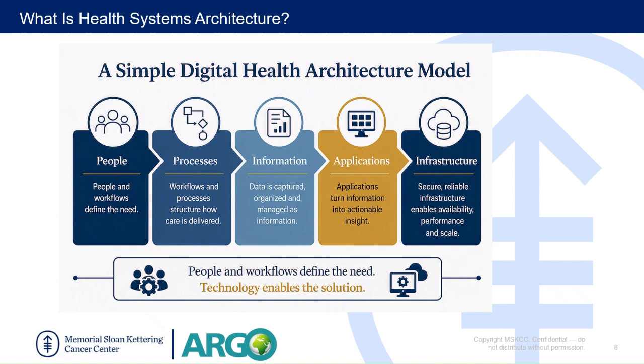The important lesson here is that these 5 layers are interdependent. A weakness or a strain in any one layer affects the performance of the entire digital health system.